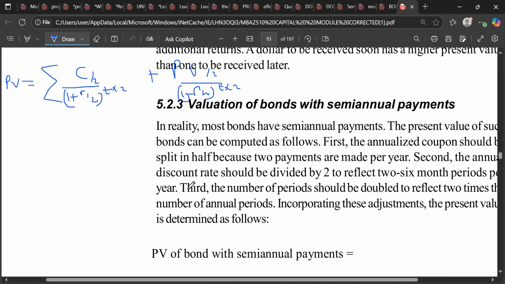This is how you compute the present value of a bond on a semi-annual basis. Any questions?